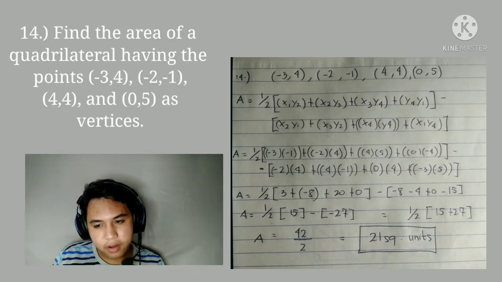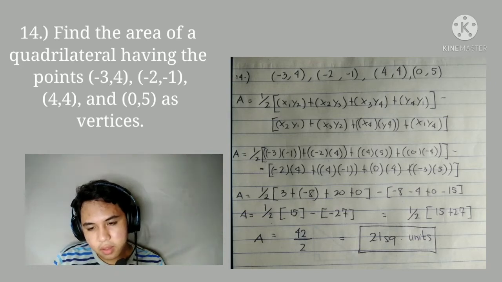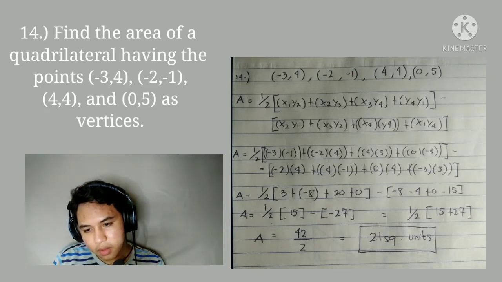To solve for the area, we use the formula 1/2 times the quantity x1y2 + x2y3 + x3y4 + x4y1 minus the quantity x2y1 + x3y2 + x4y3 + x1y4.